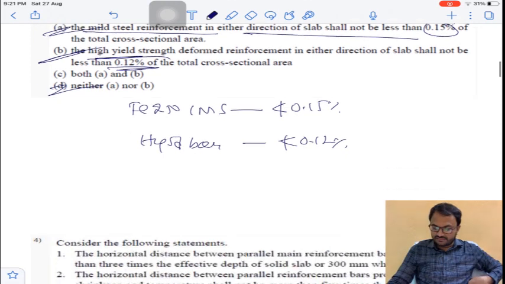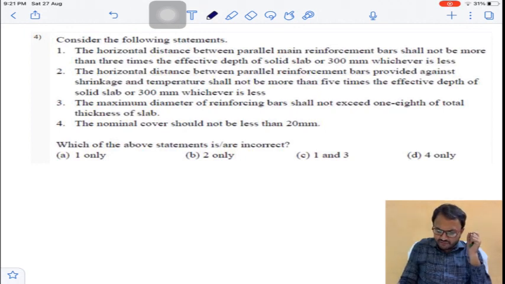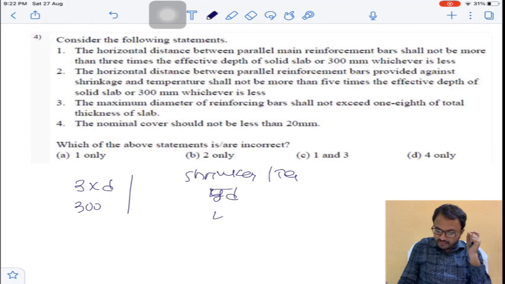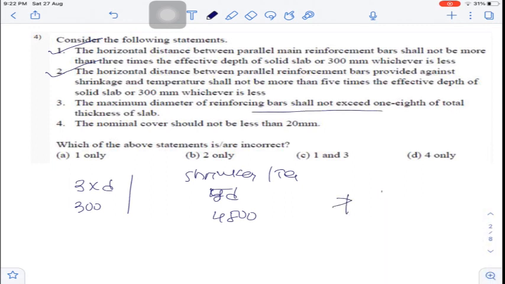Next question. He has given the spacing of main reinforcement bars. Generally, spacing of main reinforcement bars is 3 times effective depth or 300 mm. If they are subjected to shrinkage or temperature, it will be 5 times D or 450 mm. The first statement is correct.